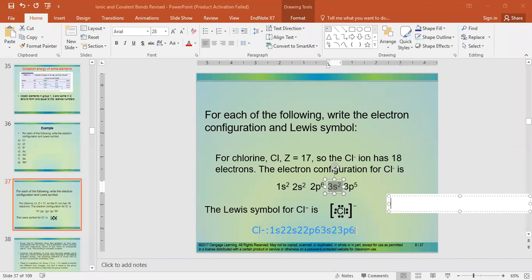But it has a 3p5 now. Where? This one. Yes. It is me who changed this when I was explaining. This was a 3p6 for the chloride. It is me who changed it to 3p5 when I was explaining the transition from a 3p5 to a 3p6. Is it clarified?